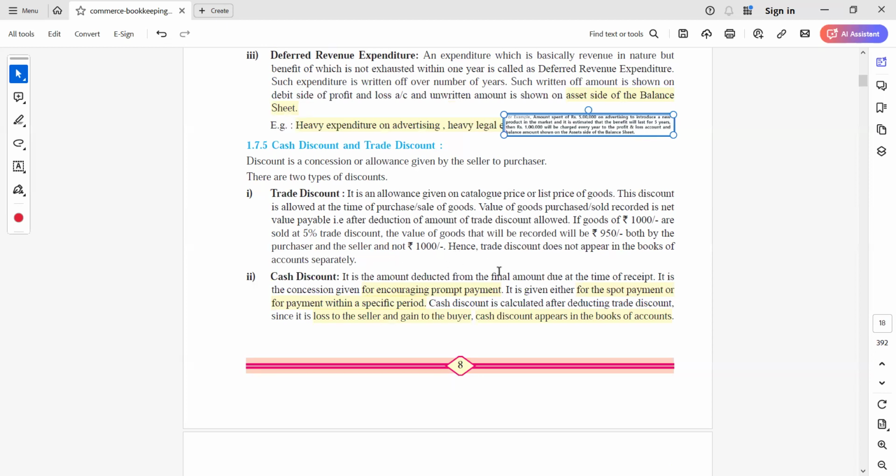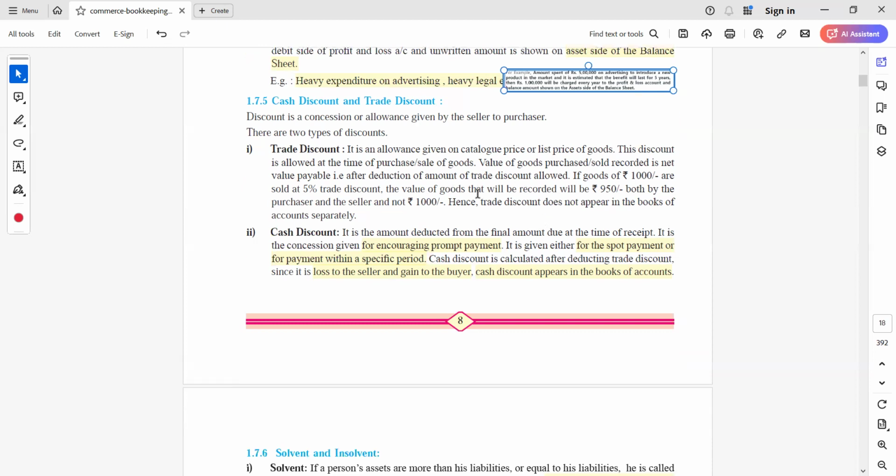But in cash discount, you have to show it as gross and you will show cash discount separately. Okay. Here trade discount you will not show separately. You will directly show the 950 rupees. Okay. Cash discount. It is an amount deducted from the final amount due at the time of the receipt.